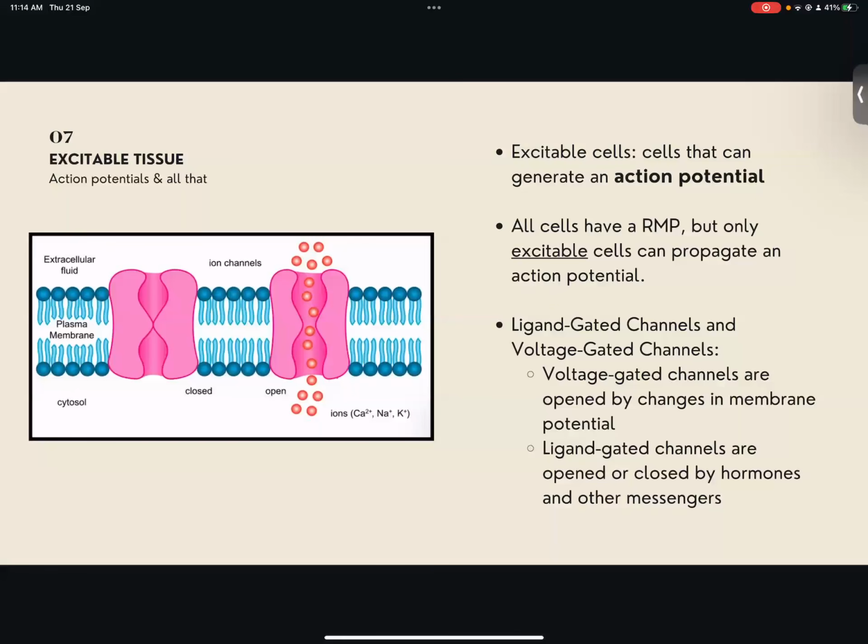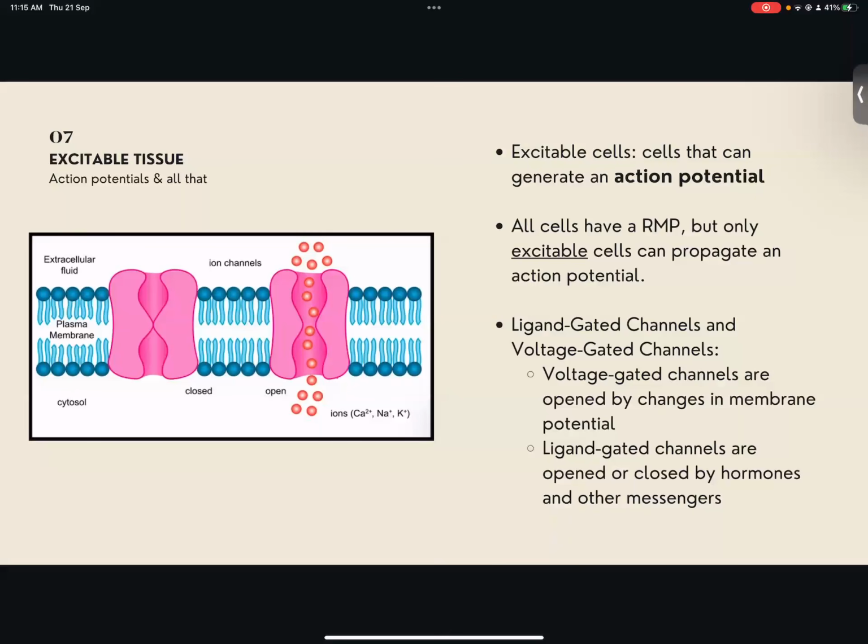Now, ligand gated channels are not opened or closed by differences in membrane potential. They're actually opened or closed by hormones or other messengers. One example is the nicotinic receptors, the ones that are opened by acetylcholine. You'll learn later on that acetylcholine is a neurotransmitter.